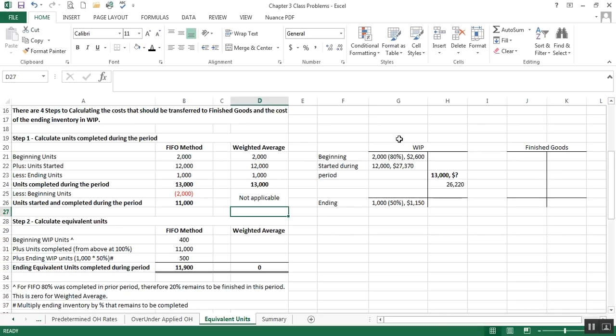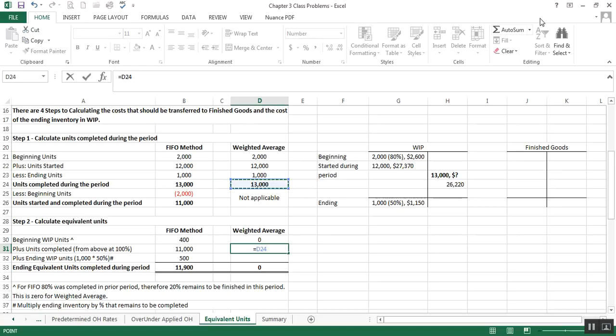The weighted average takes into consideration all of the units in the WIP account, okay? So we're going to start with our beginning WIP. We need to translate that into equivalent units. Because we're assuming that it's all done during this period and we're including beginning inventory here, it's going to be 0 for the weighted average method.